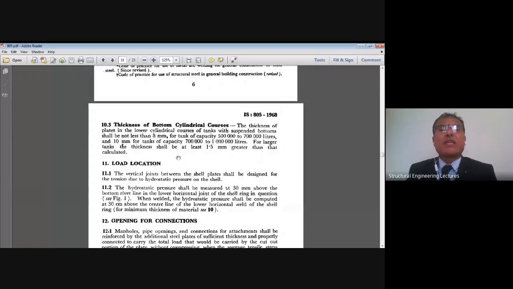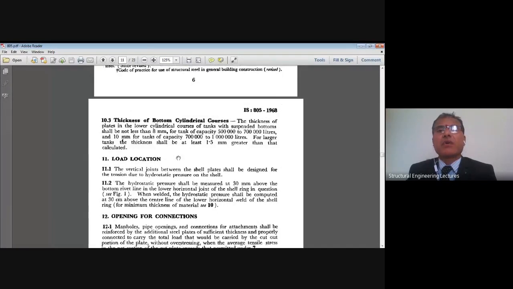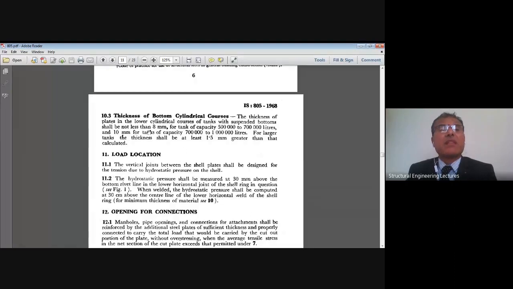Now let us see the thickness of the bottom cylindrical courses or that of the plates. The thickness of the bottom plates in lower cylindrical courses, and that of the rectangular tanks also as appropriate, with suspended bottoms, shall not be less than 8 mm for a tank capacity of 5 lakh to 7 lakh liters.